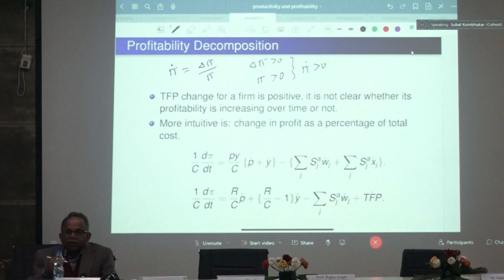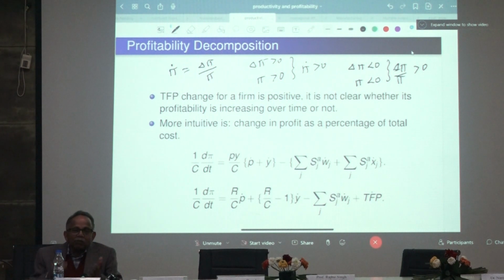Okay. Now think in terms of another firm like this. For that firm, change in profit is negative and it starts with a negative profit. What would be the ratio? It is also positive, right?